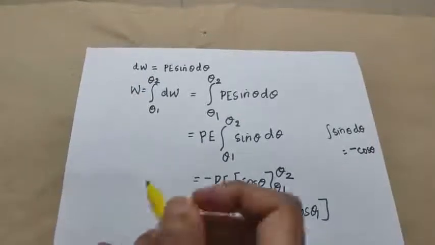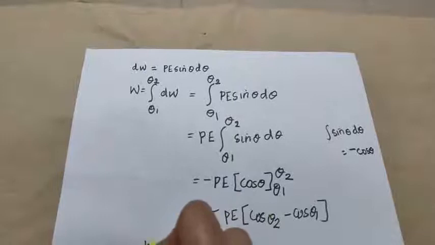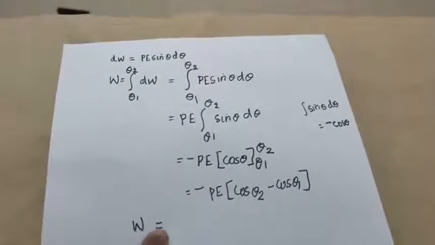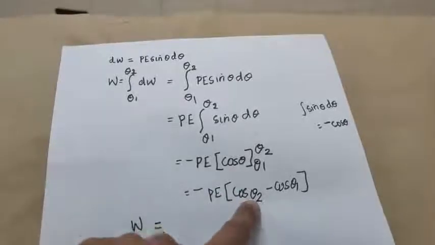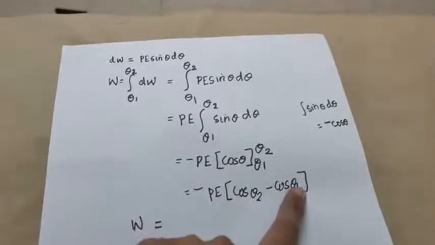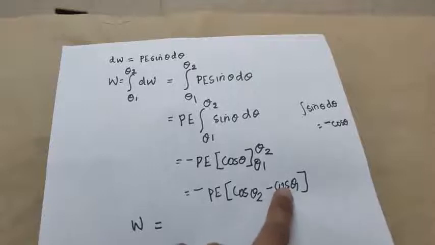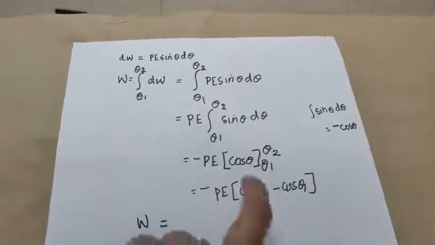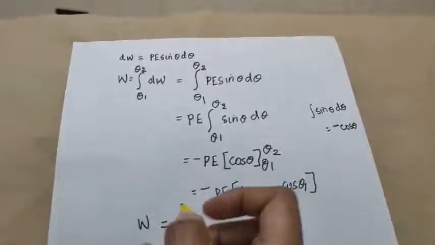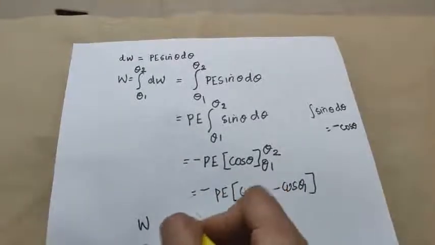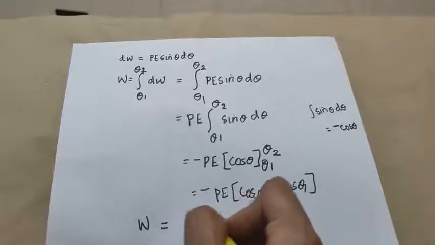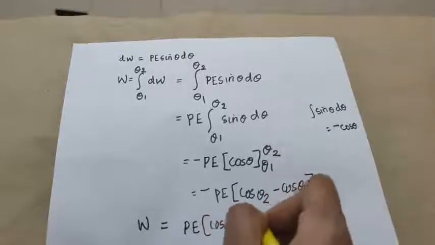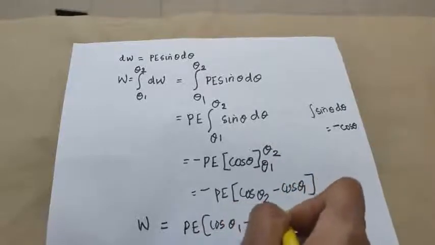We can make a small rearrangement so this negative sign can be removed. I will write minus into cos theta 2 minus cos theta 1 as cos theta 1 minus cos theta 2, so negative of negative becomes positive. So this can be written as PE into cos theta 1 minus cos theta 2.